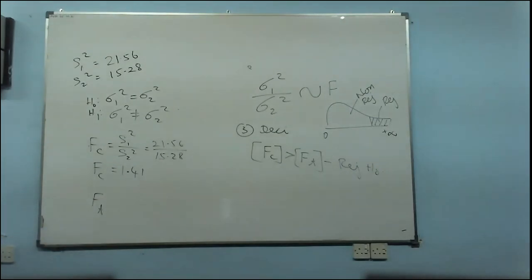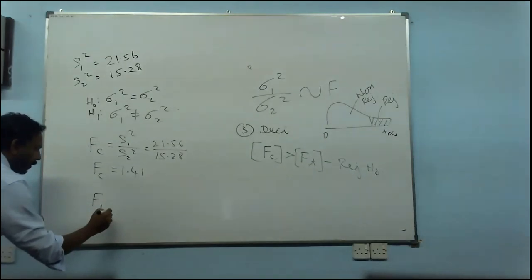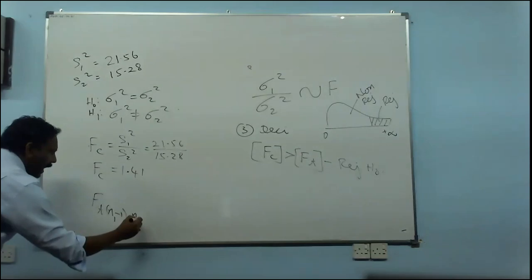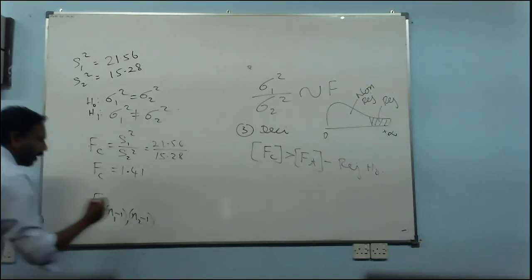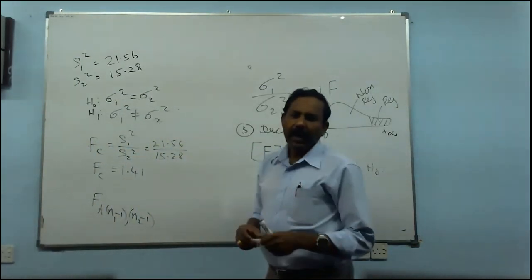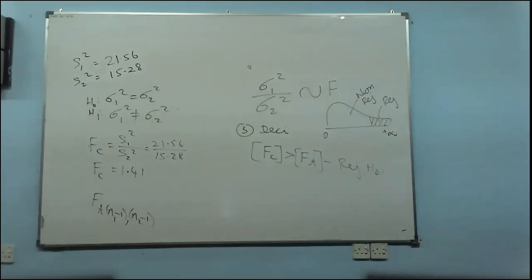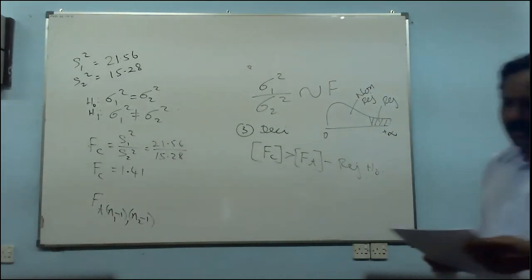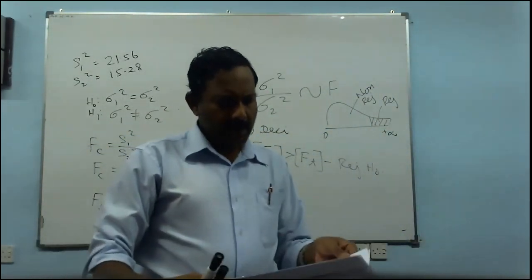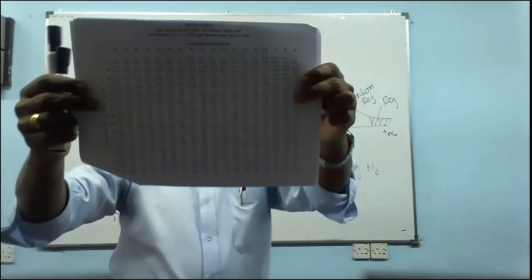Right, 1.41. Now to look at the table value, we need two degrees of freedom, N1 minus 1 and N2 minus 1. Take the table and go to the F table. Look at the title.